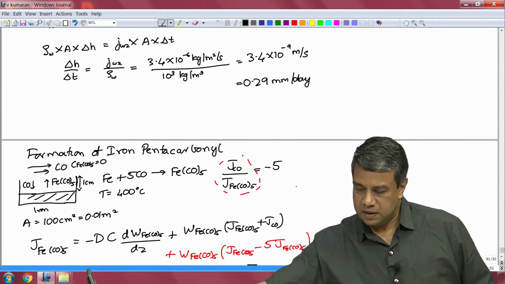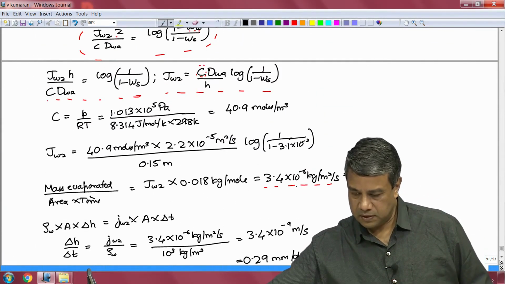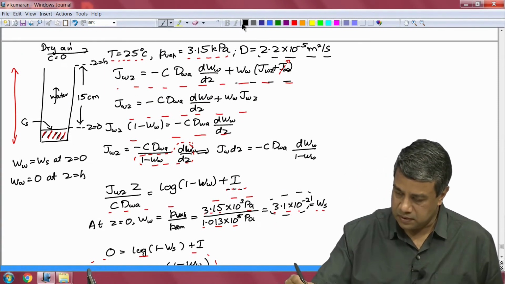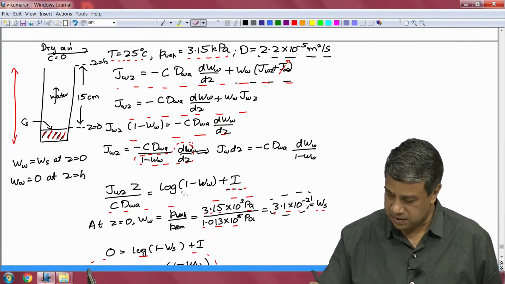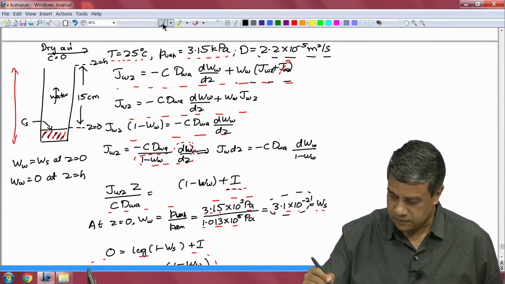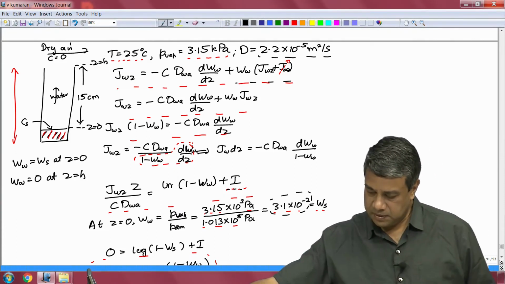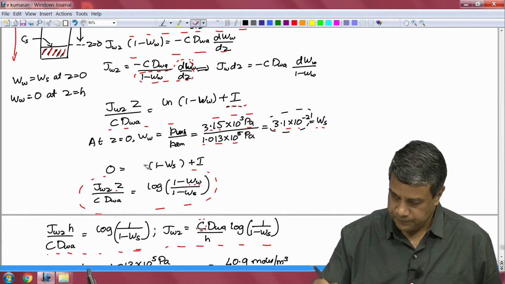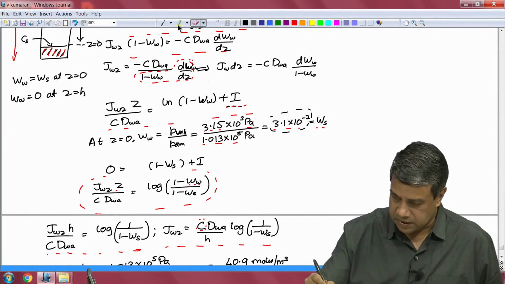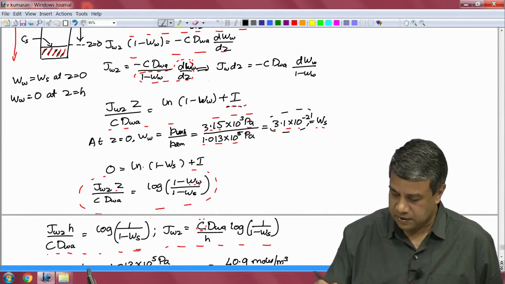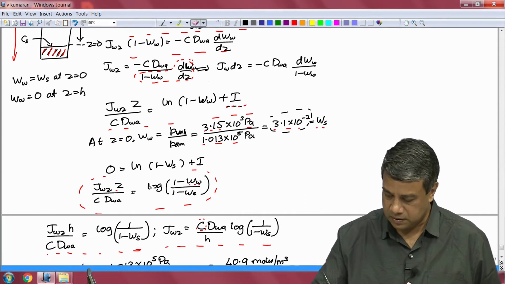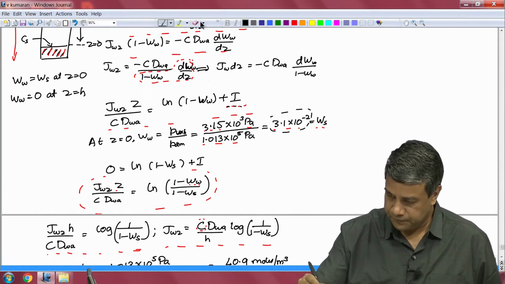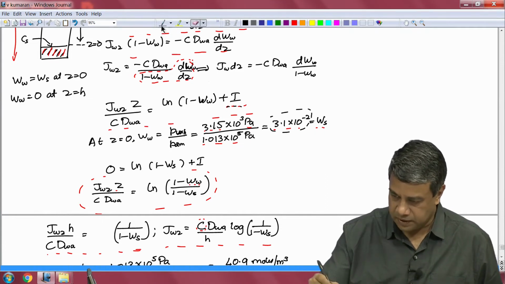I should note here that I had put a log over here. Throughout this course I will be using only natural logs. So, for making it more precise, let me write this as ln, for the natural log, because there is a prospect of getting confused between the log to the base 10 and the natural log. So, I will use ln here for natural log to avoid this confusion.